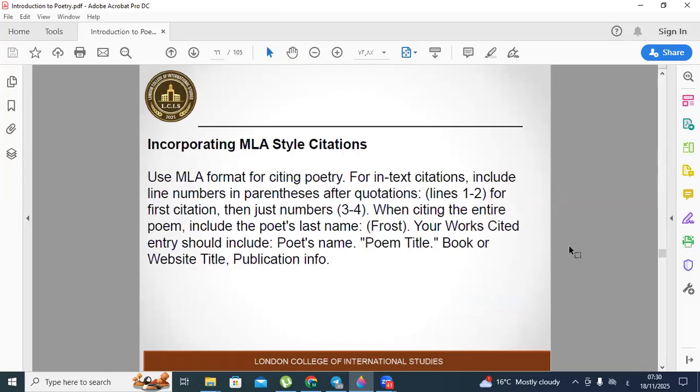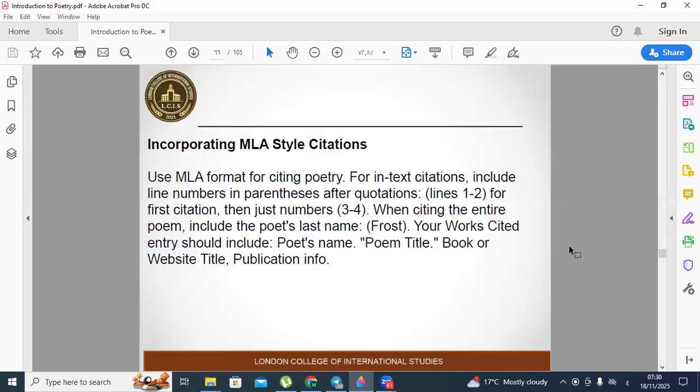Incorporate MLA style citations. Use MLA format for citing poetry. For text citations, include the line numbers in parentheses after quotations: lines 1 to 2 for the first citation, then just the numbers, 3 to 4, for subsequent citations. When citing the entire poem rather than specific lines, include the poet's last name.